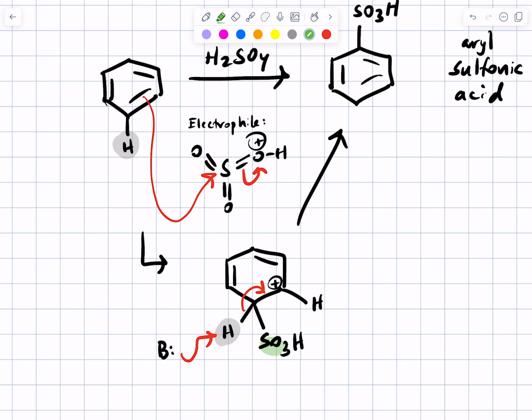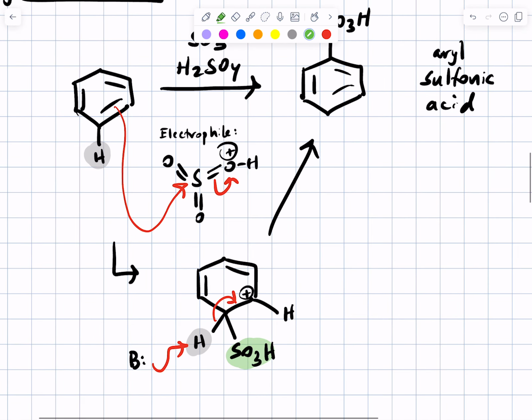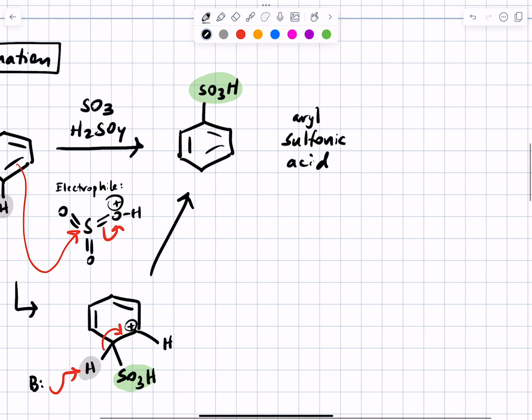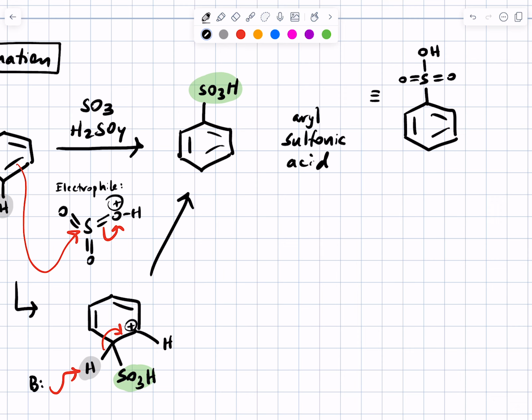Here is the electrophile that we just added, and the hydrogen gets removed, and the SO3H remains. We can draw out that Lewis structure if you need a reminder of what that looks like: 2 pi bonds to oxygen, and then an OH group. And this is called an aryl sulfonic acid.